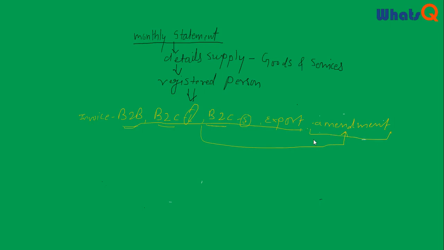And you will also report your nil rated, exempt, and non-GST supplies. So in short, all my purchases and all my sales, including sales which are not liable to tax, need to be given for GSTR 1.